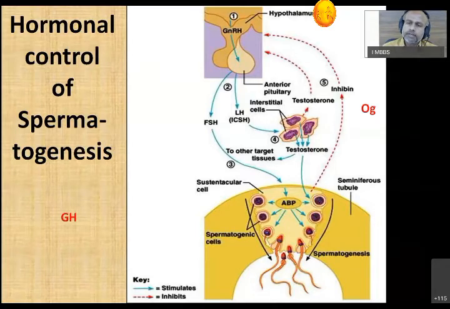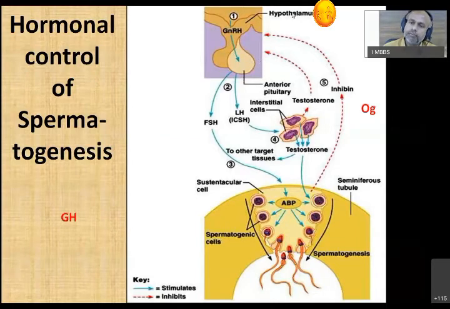The hypothalamus is the master of this master endocrine gland. It is a part of your brain, the diencephalon. The neurons of the arcuate and preoptic nucleus of the hypothalamus release gonadotropin releasing hormone. They act on the gonadotropes in the anterior pituitary.